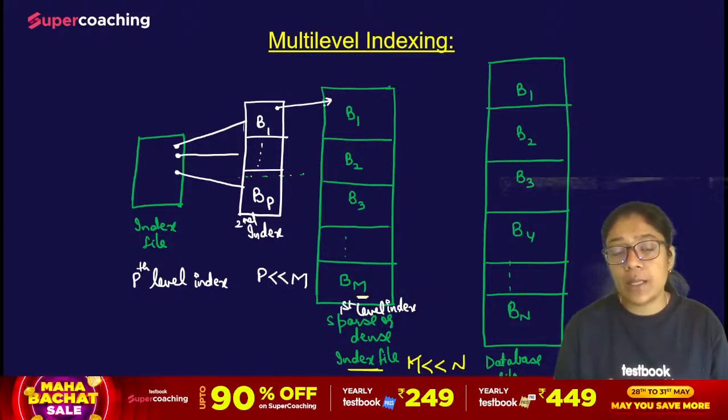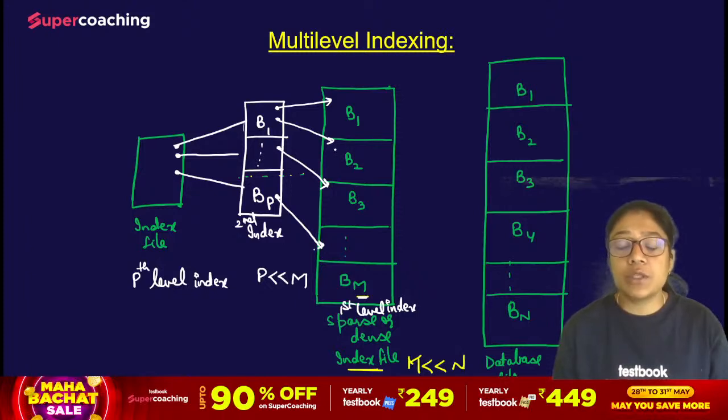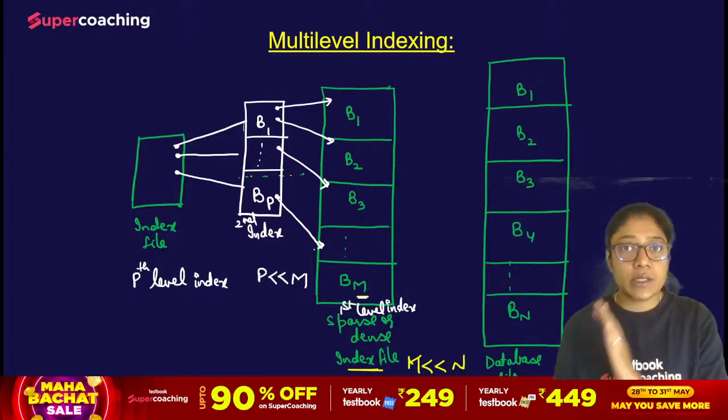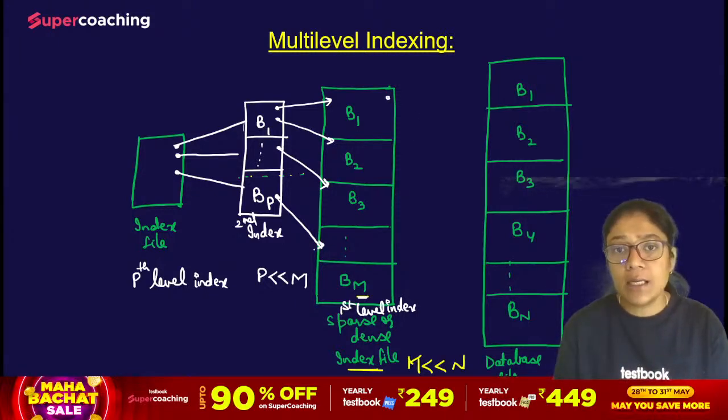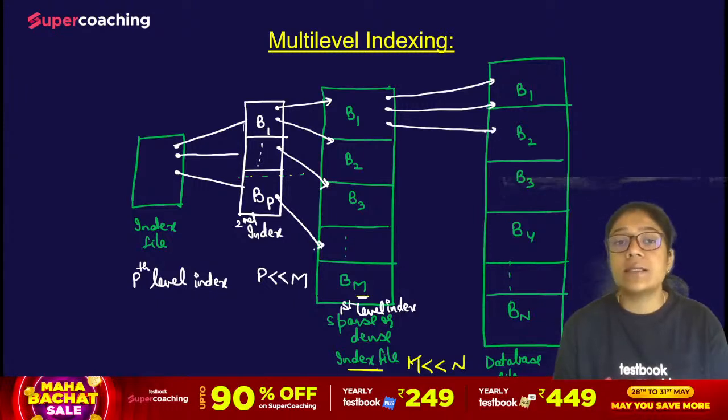Similarly here, there will be entries. This is also a sparse index. Depending on the required block number, it will just transfer that particular block from the secondary memory to main memory. And finally, this is pointing to the index file. This index can be sparse or dense index.